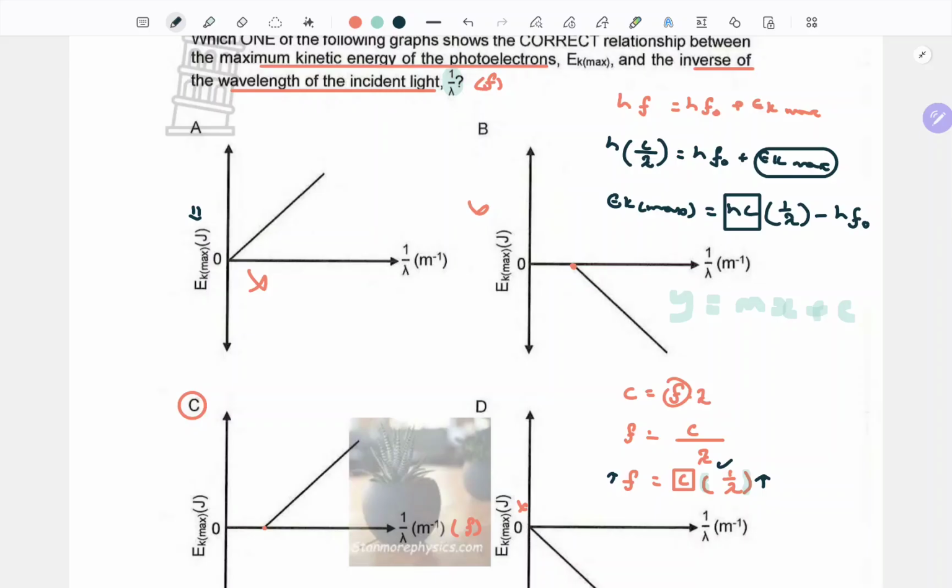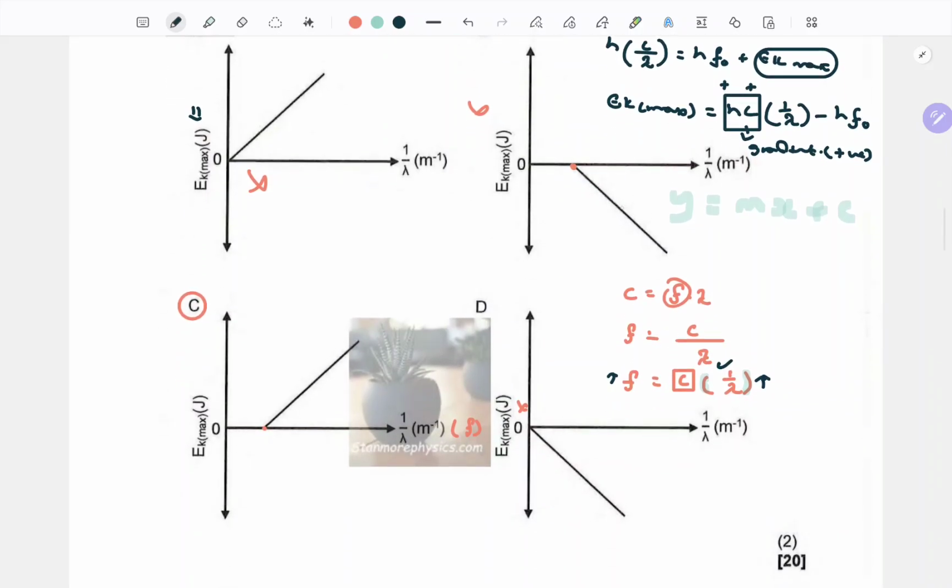So we can see that the gradient, since this is always positive in principle, is made of constants we get from the information sheet. So if they are constant, it means the gradient should be positive. That already means this is wrong, this is wrong, this is a potential, this is a potential.